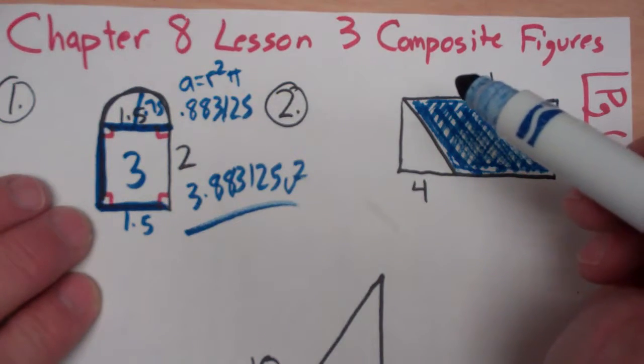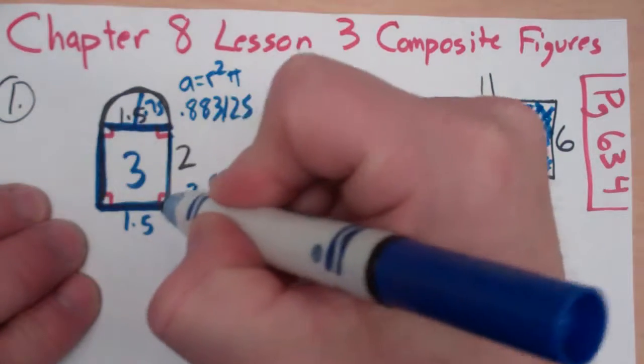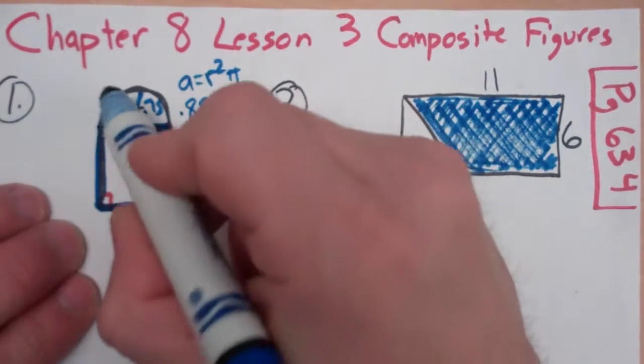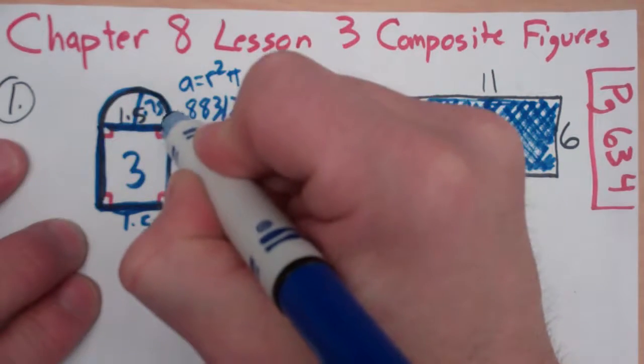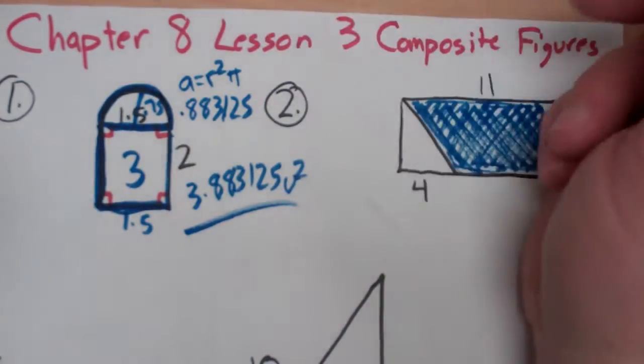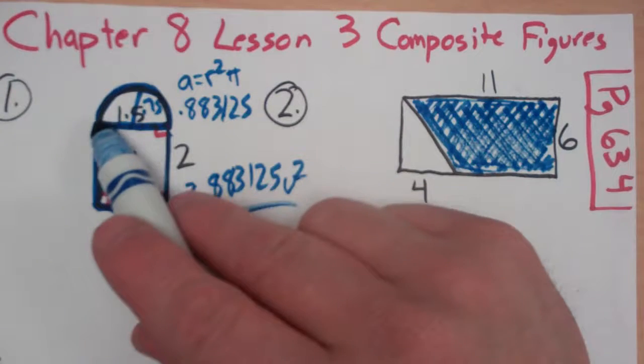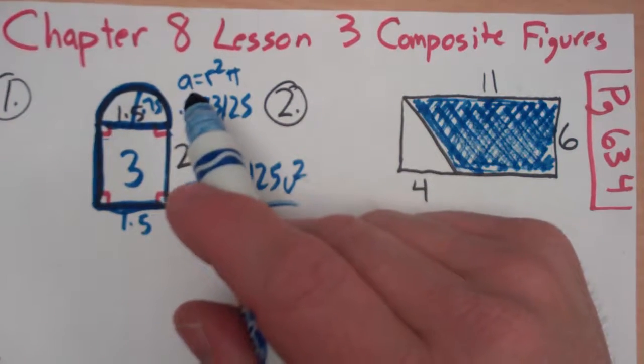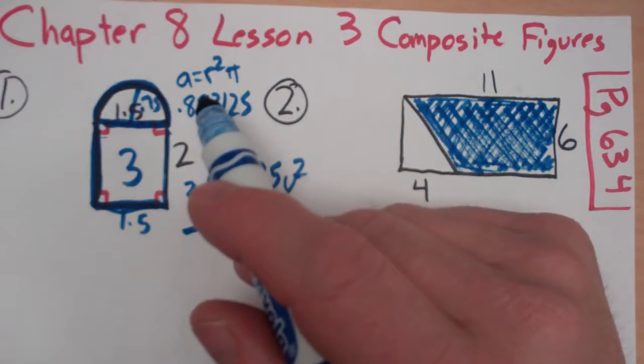Could we find the perimeter for that thing? Sure. You'd add 2 plus 1.5 plus 2, and then I'd have to find the circumference of a circle, and I would divide it by 2. Does that make sense? So let me just do that. I find the circumference of that circle, I go back to the diameter, which is 1.5. I take it times pi, 3.14.